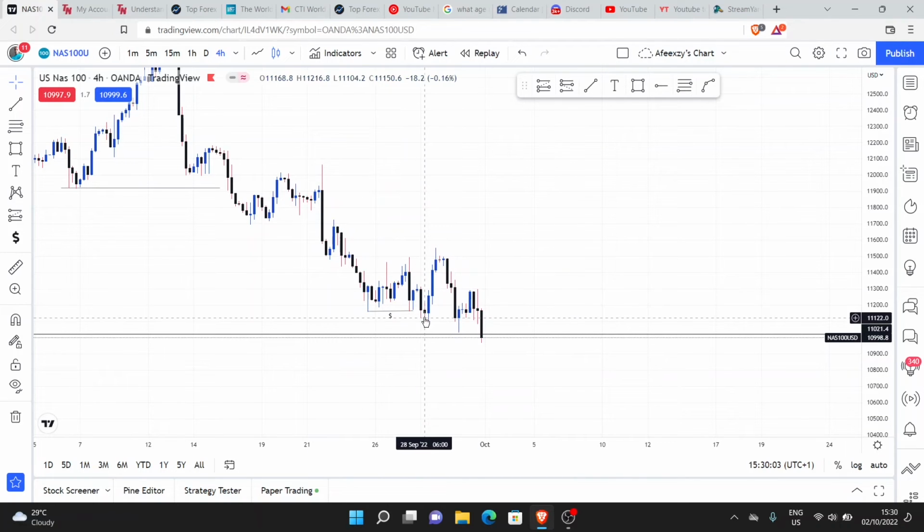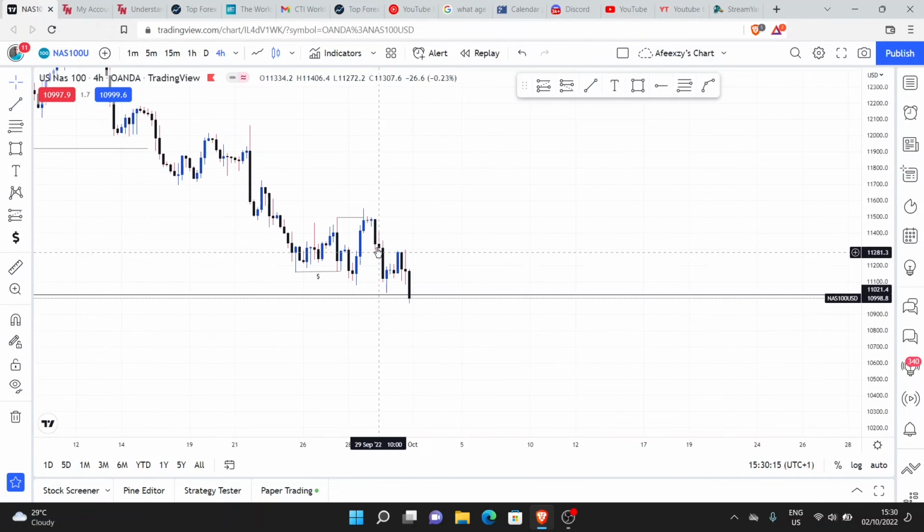And it cleared this, came higher, cleared this high. After clearing the high, it didn't break the structure, it was just like a wick.